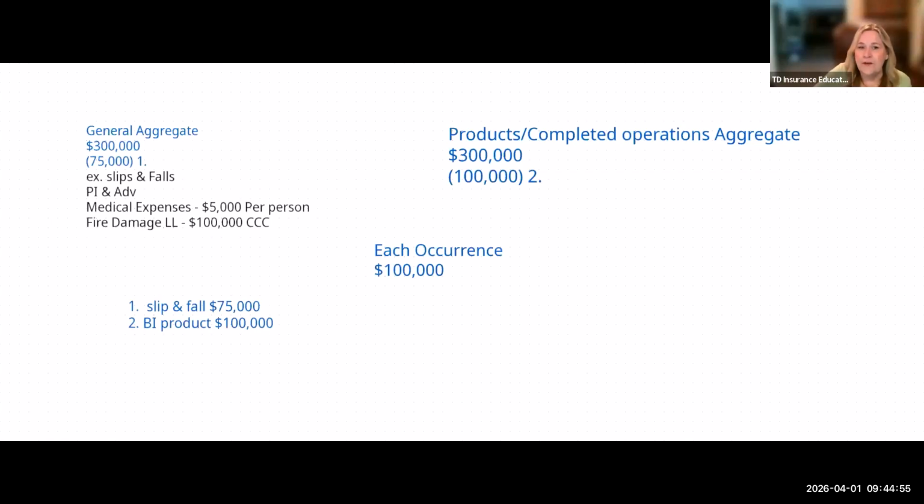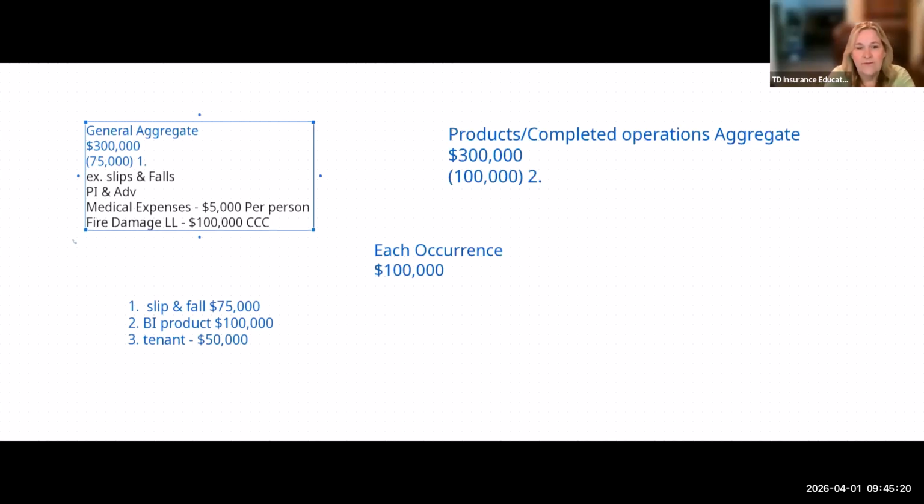And so this is very, very important. For example, if you're a tenant and you are negligent and start a fire and the damage is 50,000, instead of looking at these occurrence limits, you're going to look over here. Okay. And so you can pay up to 100,000. Again, this is going to go off of your general aggregate limit.